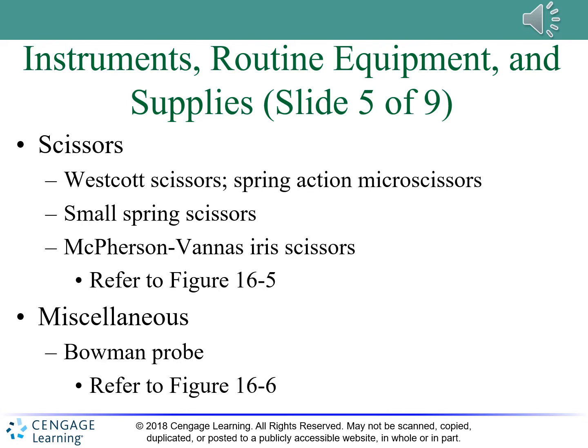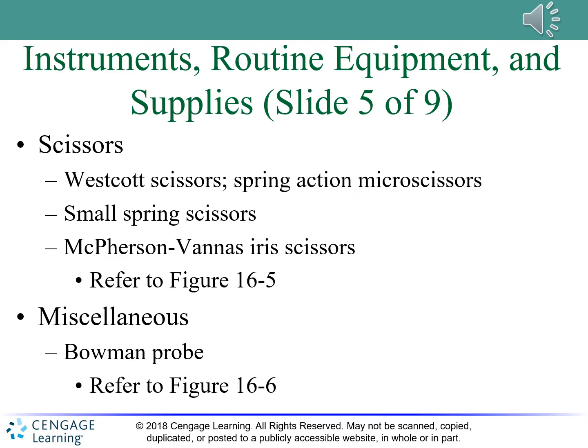Under the scissors, on 589, it says Westcott scissors, spring action micro scissors, useful in strabismus and conjunctiva operations. Strabismus is a pathological condition involving a misalignment or deviation of the eyes that prevents them from working simultaneously to track visual objects.